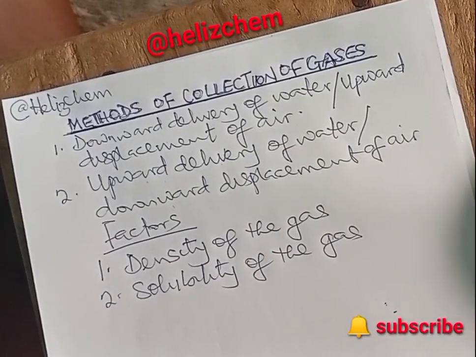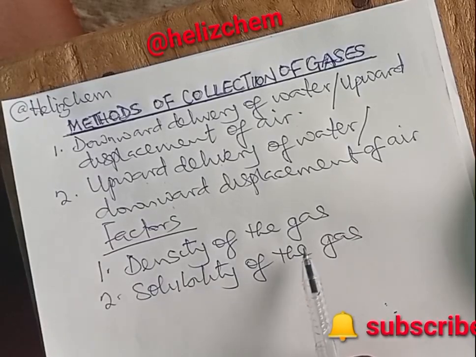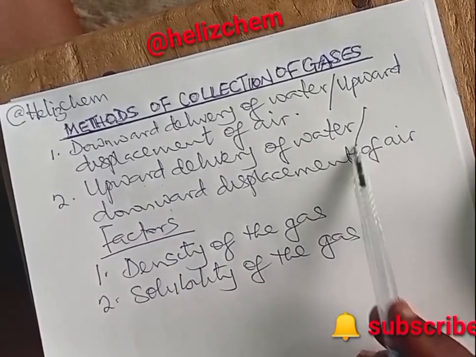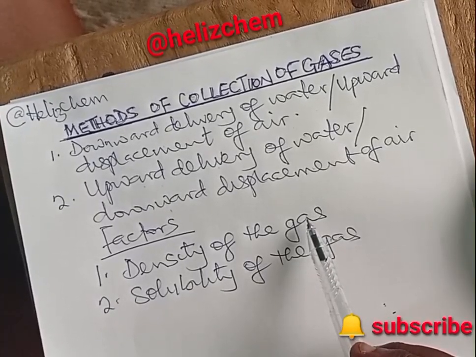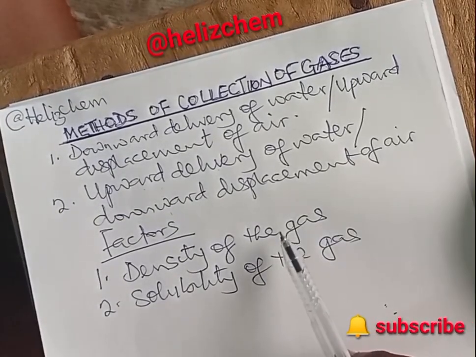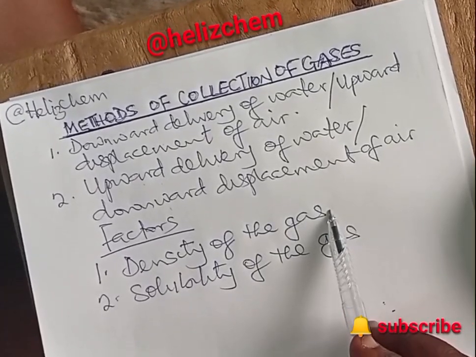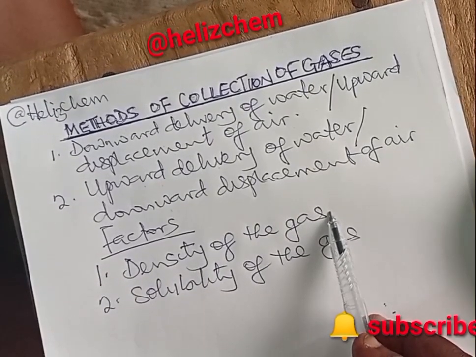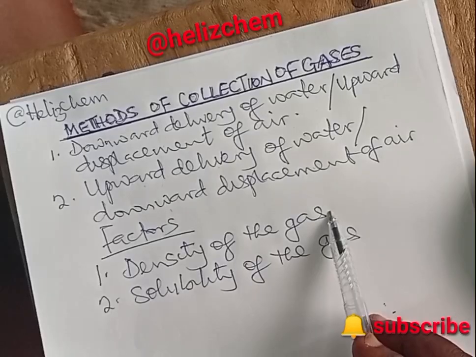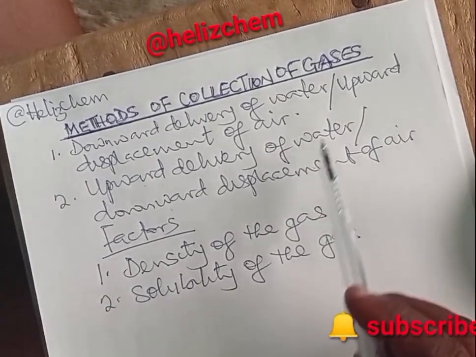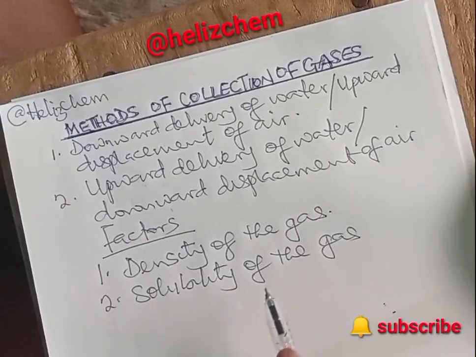Before you can collect any gas using any of these two methods, you have to consider the density. And this now implies that if there's any gas which is denser than air, then such a gas will be collected by downward delivery.